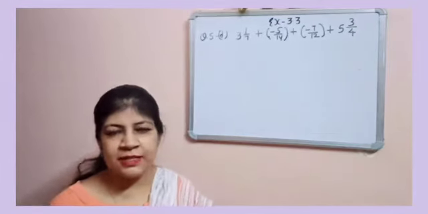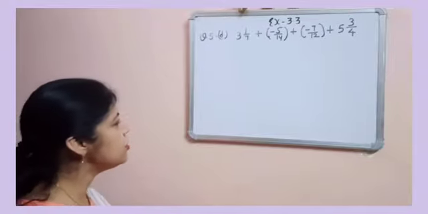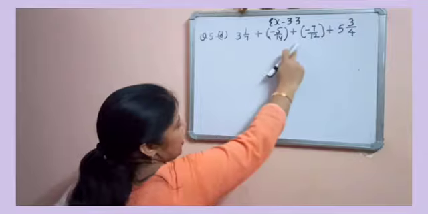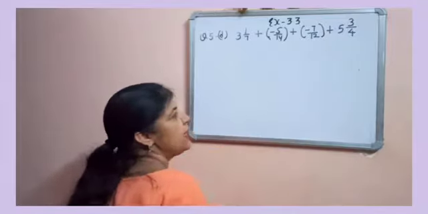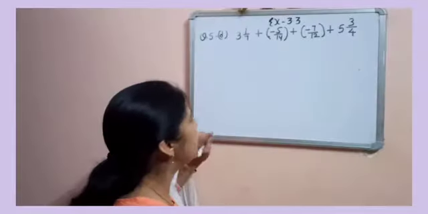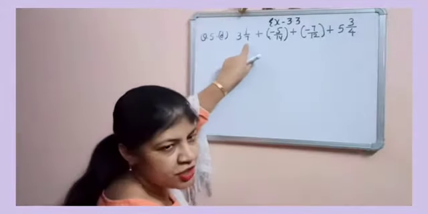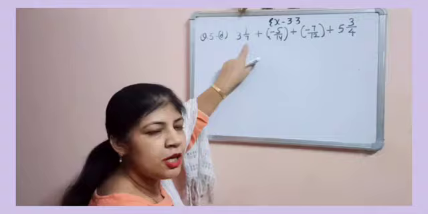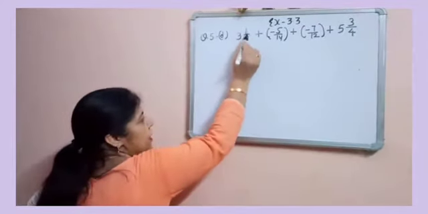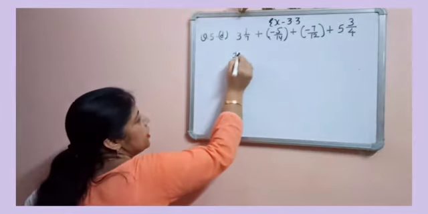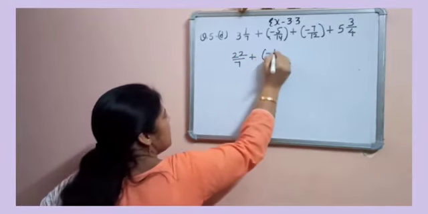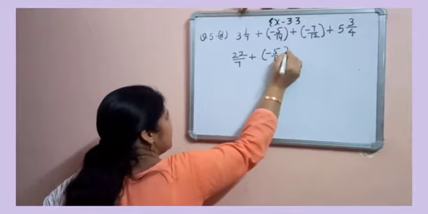So let's take some more examples. Now solve 3 1 by 7 plus minus 5 by 14 plus minus 7 by 12 plus 5 is to 3 by 4. First step, convert mixed fractions into improper fractions. 3 7s are 21, 21 and 1, 22 by 7, plus minus 5 by 14.